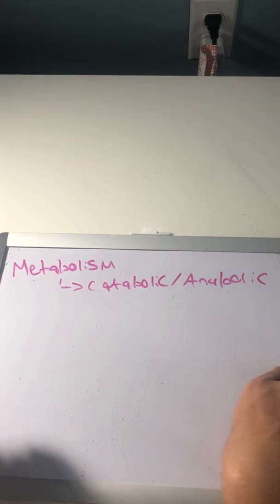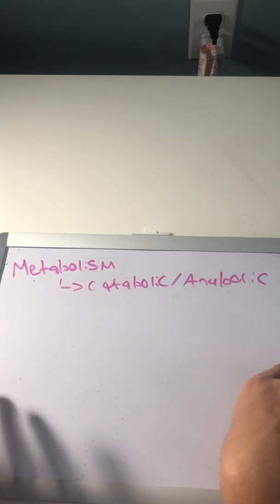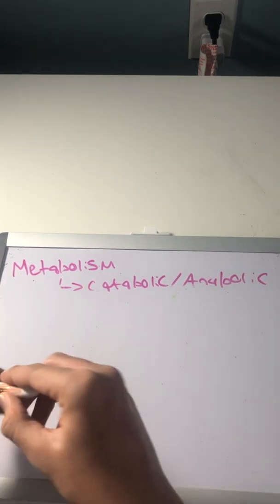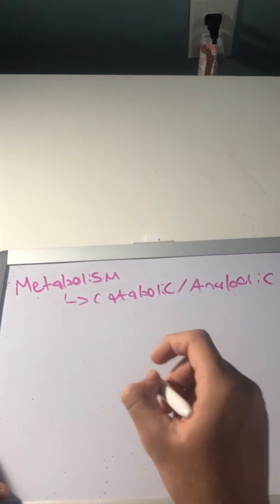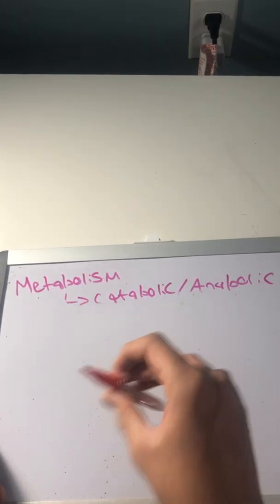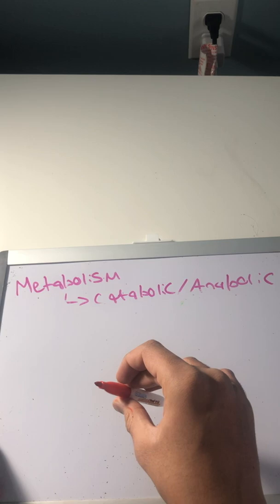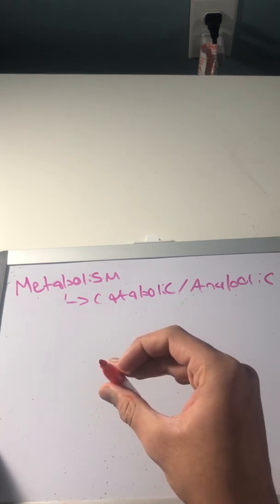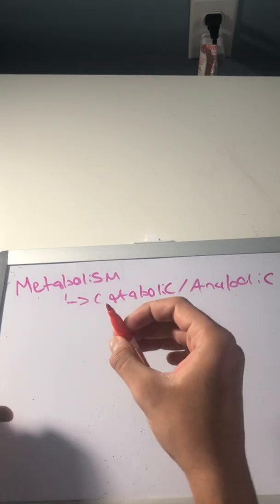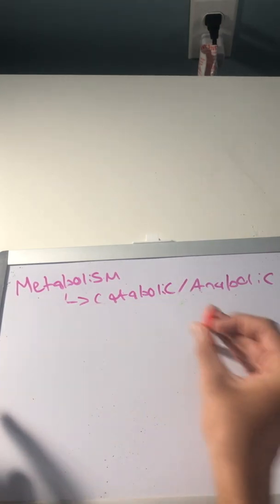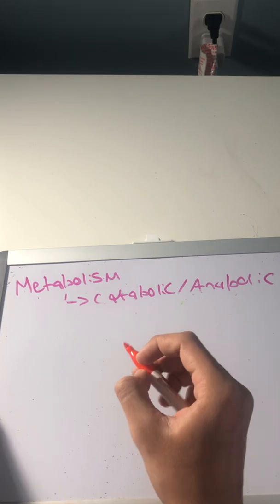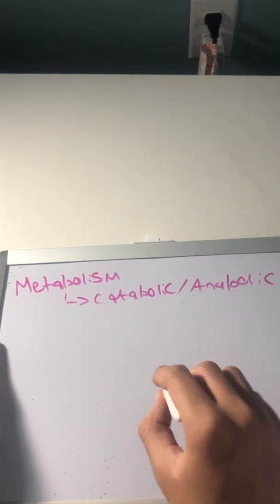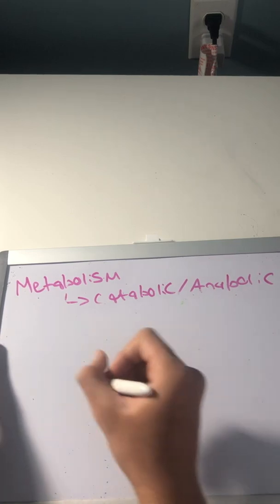Okay, so firstly, for catabolic reactions, it's called hydrolysis. All right, we're also going to be doing an amino acid as an example again too. So basically we're going to use the last amino acid example.